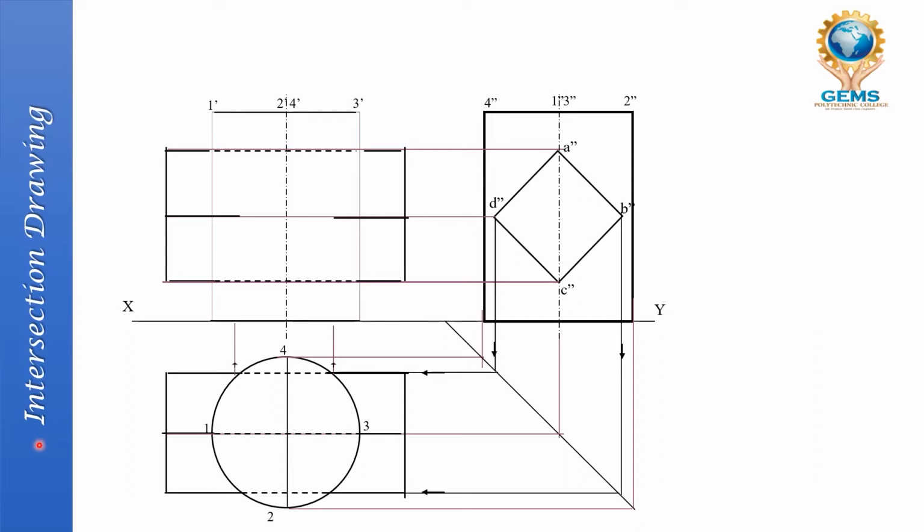So same as from top view to front view, draw the straight line where it is circle. Because I cannot see where the circle end is intersected, but I can see here, so I cannot see this point here. I haven't mentioned it here, so only that point is remaining.